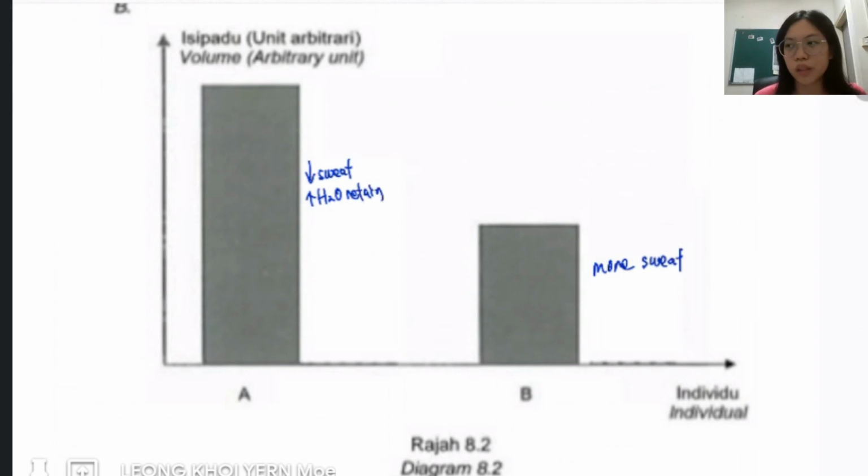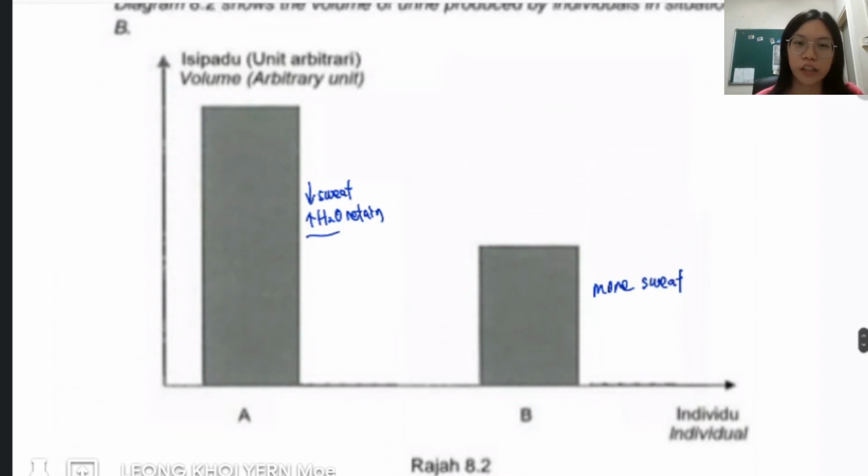So our kidney is the one that regulates the concentration of those dissolved substances and our water, right? So since the body now has a lot of water, they want to remove some of the water to regulate the blood osmotic pressure.